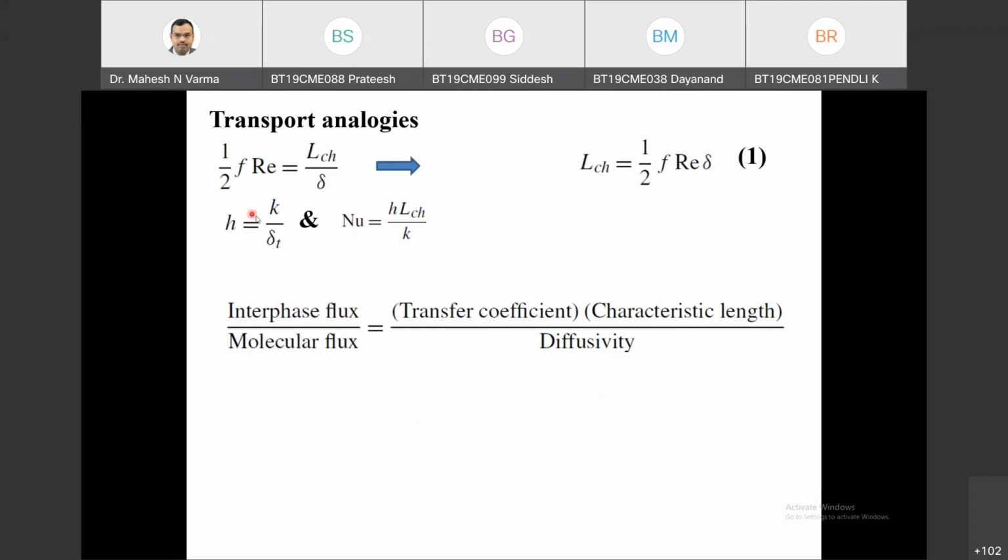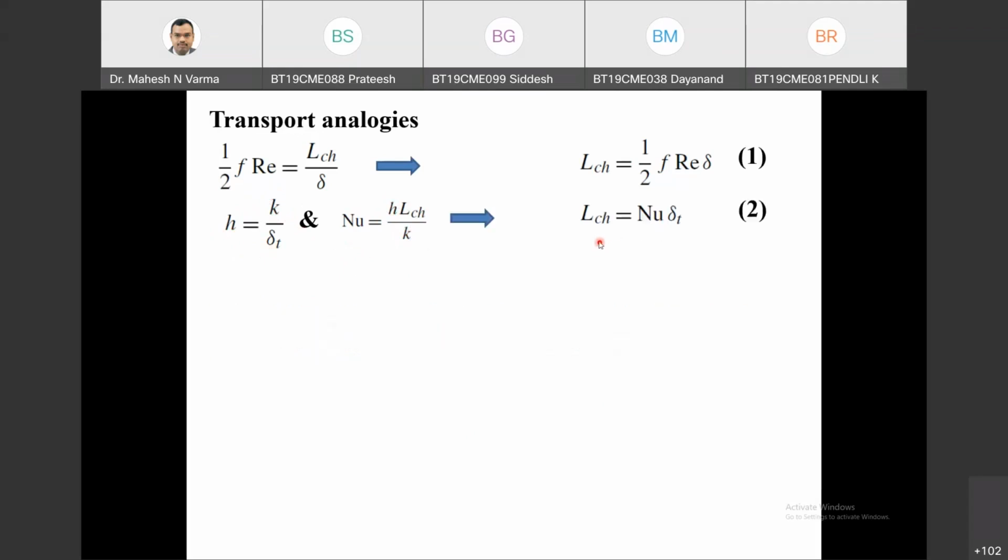Now combining these two equations, you can see here also I have K, here also I have K, and here also I have h. So h by K is 1 upon delta. You can substitute it here and rearrange the equation.